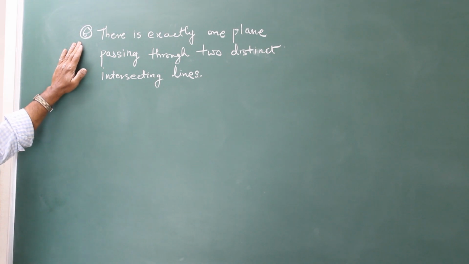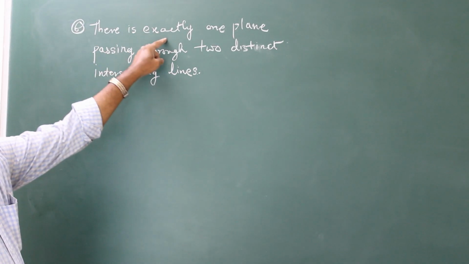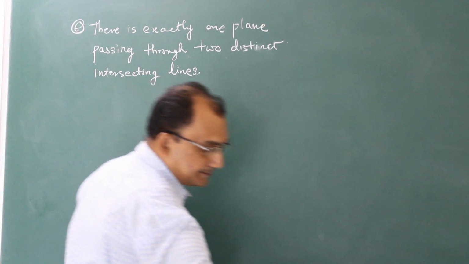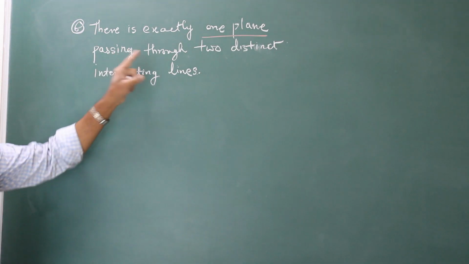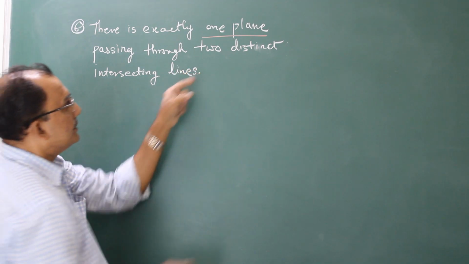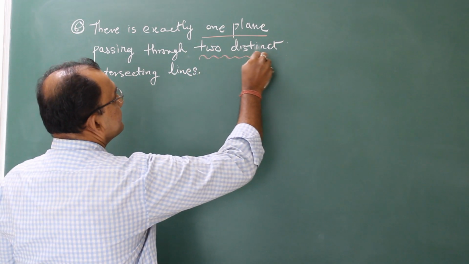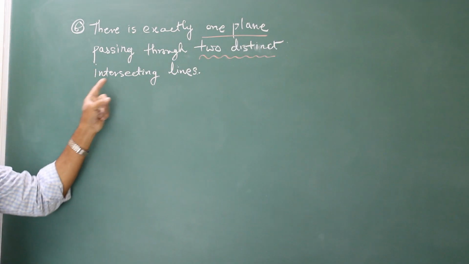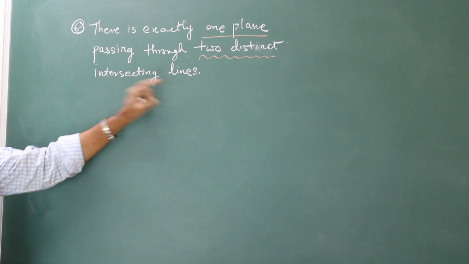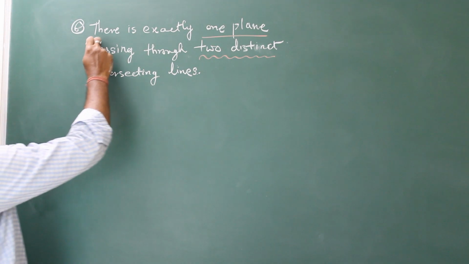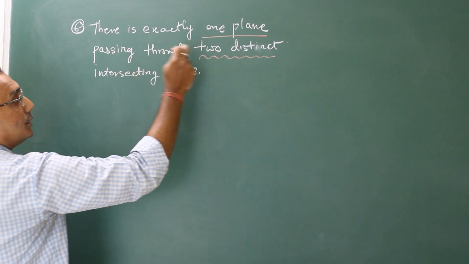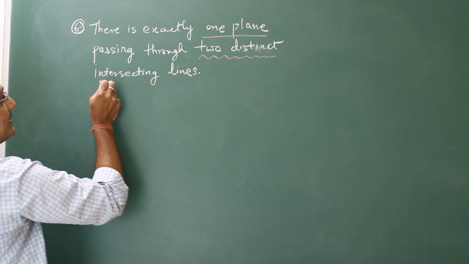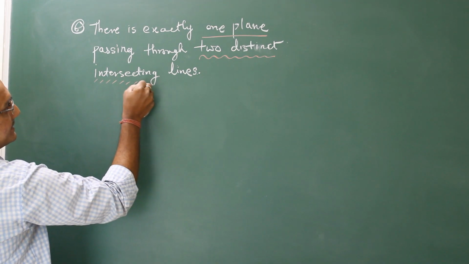Axiom number 6. There is exactly one plane passing through two distinct intersecting lines. The wording tells there is exactly one plane passing through two distinct intersecting lines.